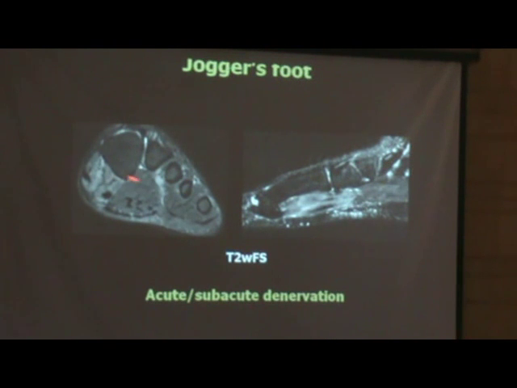And I told you this case, for example, is a runner, a case of jogger's foot, typical symptoms, and we can see here the abductor hallucis muscle and the flexor hallucis brevis muscle both displaying diffuse edema pattern within the muscle, meaning acute or subacute denervation, which is really typical for medial plantar neuropathy.